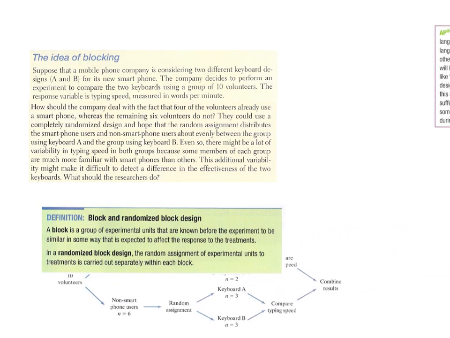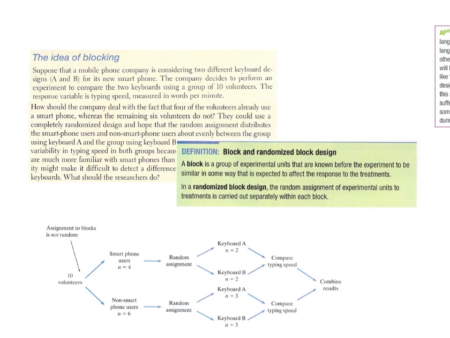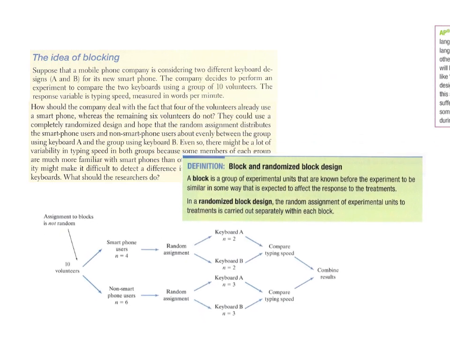Let's look at a diagram of this experimental design. We have our 10 volunteers right here, and these are our blocks. This is not random. They are not assigned to a treatment group yet. They are assigned to a block: they use a smartphone or they don't.